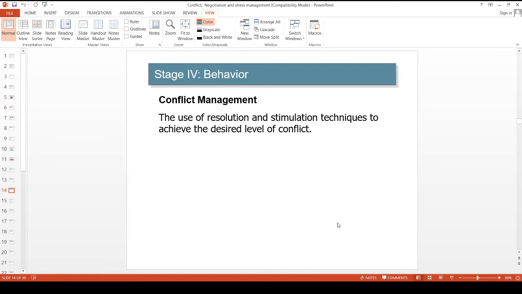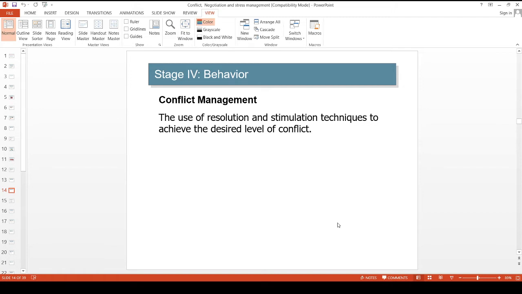Stage 4 of this conflict process is the behavior. This stage is where the conflict becomes visible. Up to stage 3, the conflict is not actually happening, but the managers only perceive that there may be a conflict in the future, and they can plan to use the different approaches we discussed in stage 3 in order to resolve it.